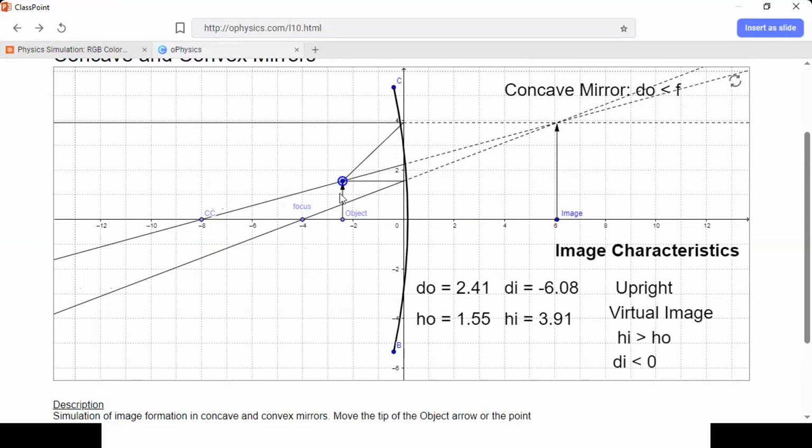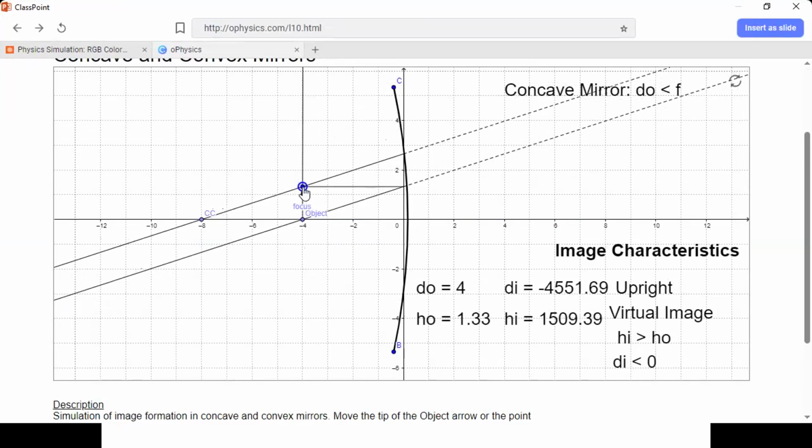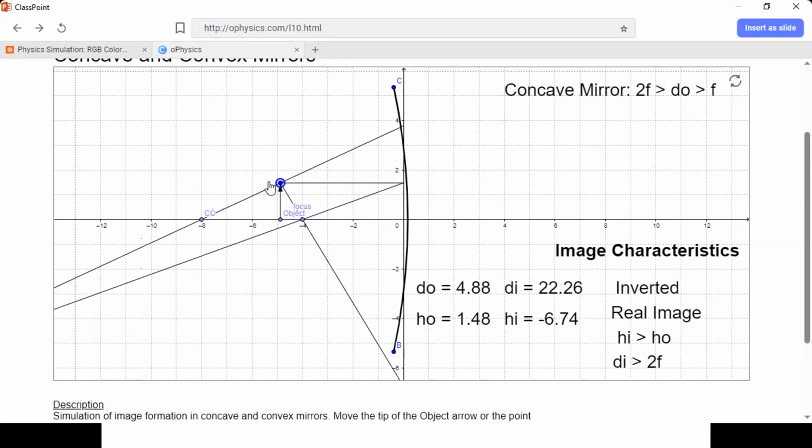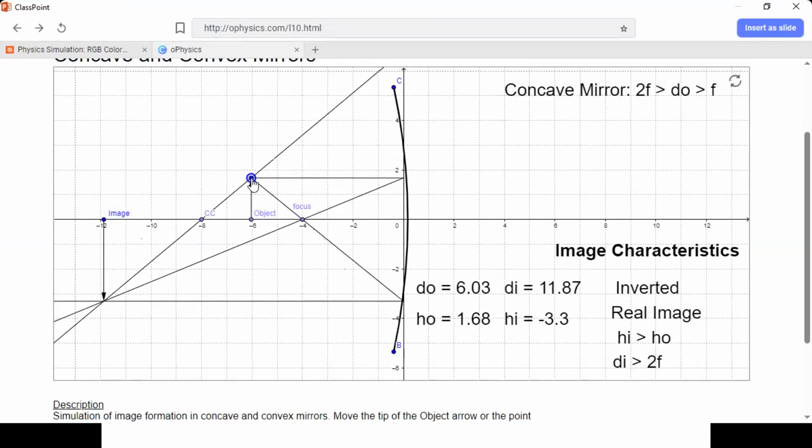But if you place the object at the focal point, no image. If you place the object between the focal point and the center of curvature, the image is inverted, real. Why is it real? Because it's created by the intersection of the reflected light in front of the mirror. Good. And the image is bigger than the object.